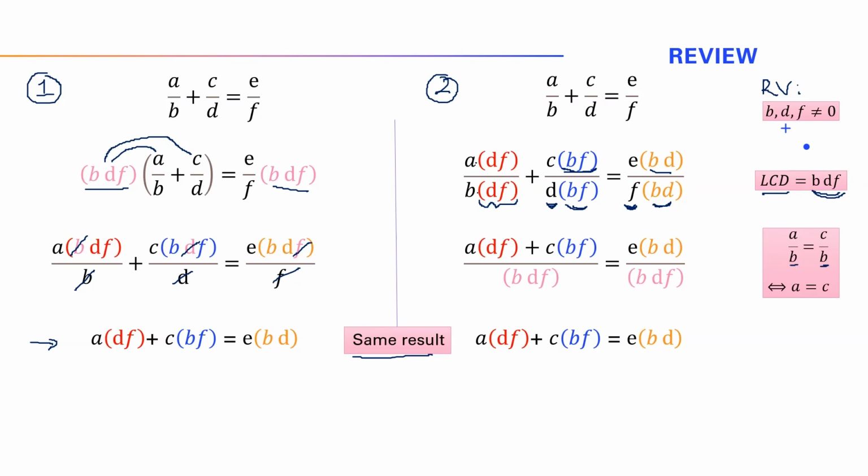On the left hand side, because it's the same denominator BDF, we combine the tops together, right? So we will have ADF plus CBF. Because it's the same denominator, we just set the numerators equal to each other. So it's going to be A times DF plus C times BF equal E times BD.